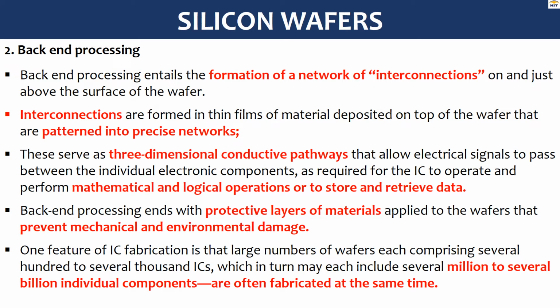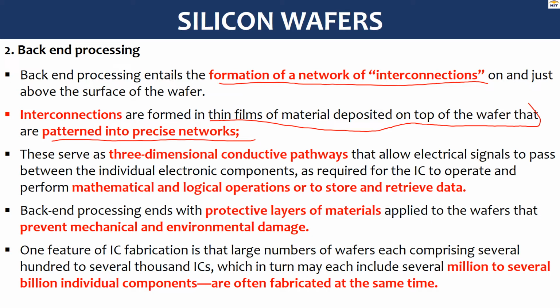Okay, so now let's look at back-end processing. Back-end processing entails the formation of a network of interconnections on or just above the surface of the wafer. In this case, the interconnections are formed in thin films of material deposited on top of the wafer and are patterned into precise networks.